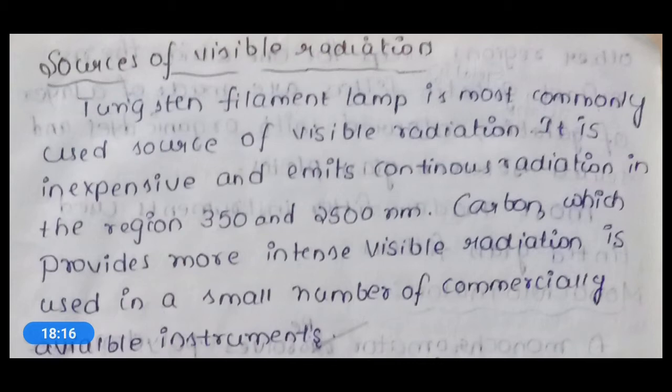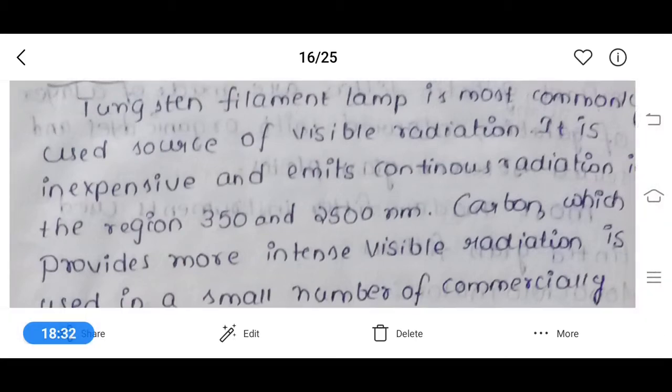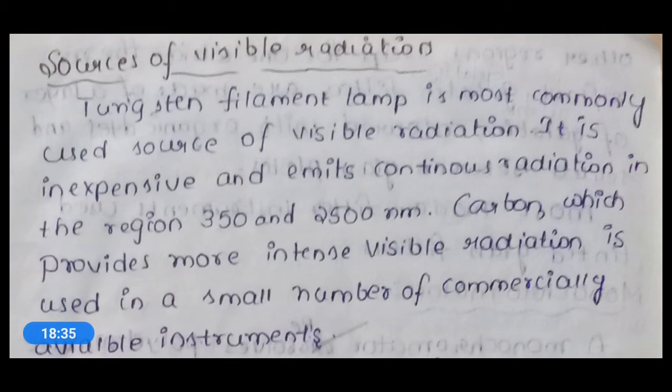Commercially available instruments are the instruments we buy from different companies, and in a few of such instruments carbon is used as the visible radiation source. This carbon will give an intense visible radiation.